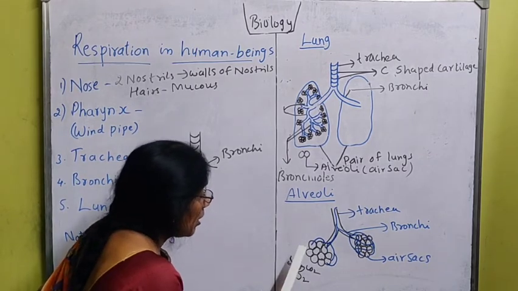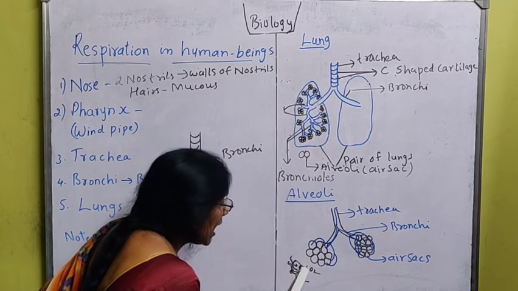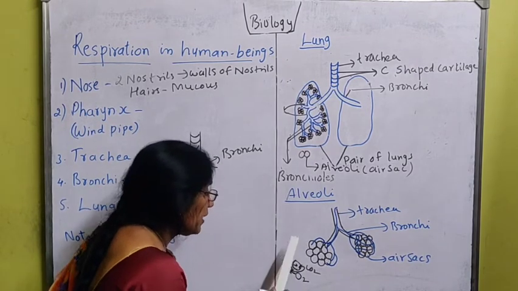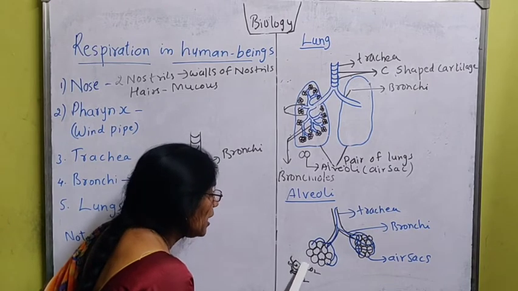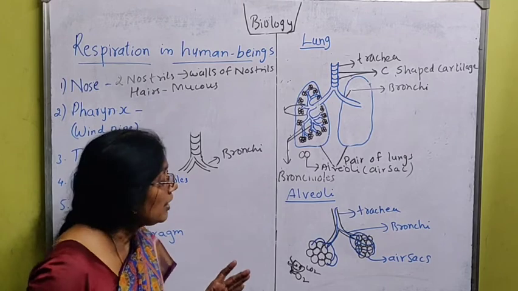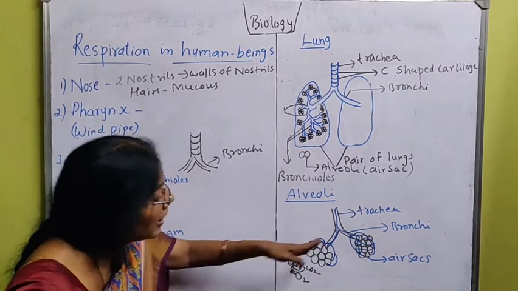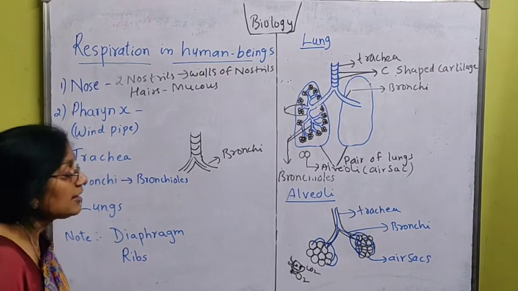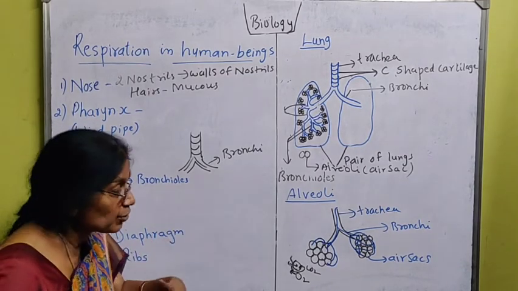The oxygen from the alveoli is taken by the blood. The carbon dioxide in the blood is given to the alveoli. From all the parts of our body, the impure blood comes into the capillaries, and the exchange of gases happens. The oxygen is absorbed.